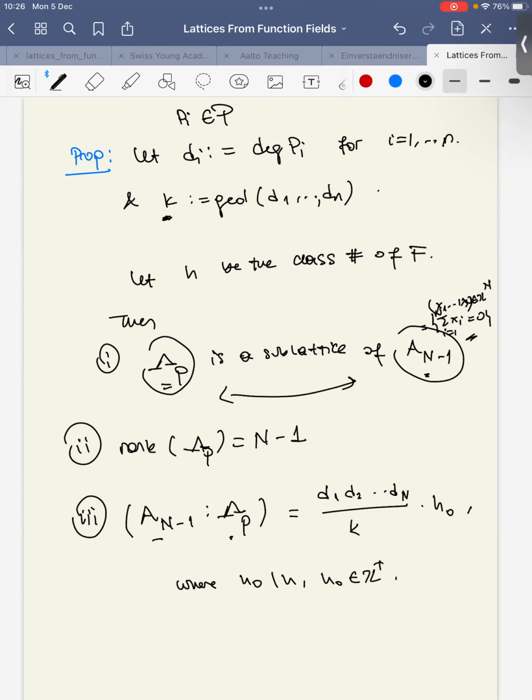So as long as it is not equal to 1, they are not going to be the same lattice.